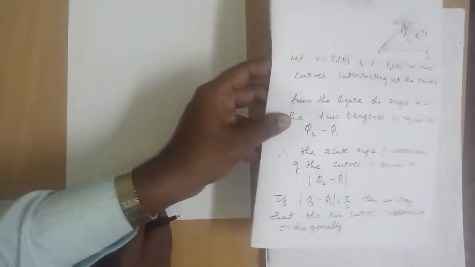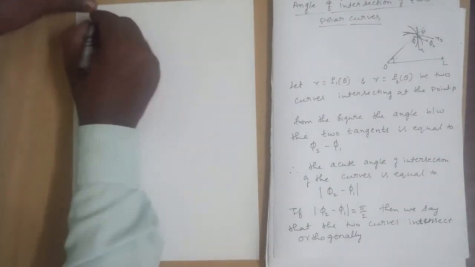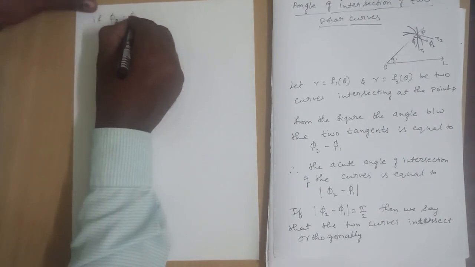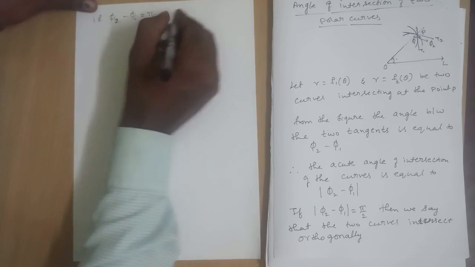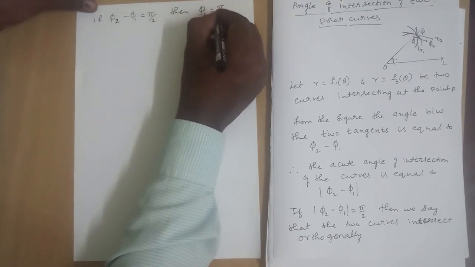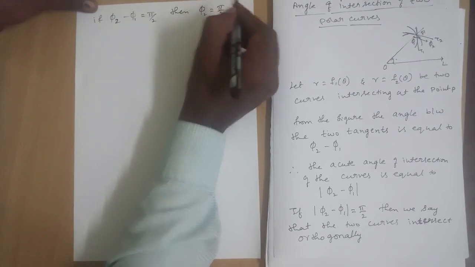So here if phi 2 minus phi 1 equals pi by 2, then phi 2 equals pi by 2 plus phi 1.